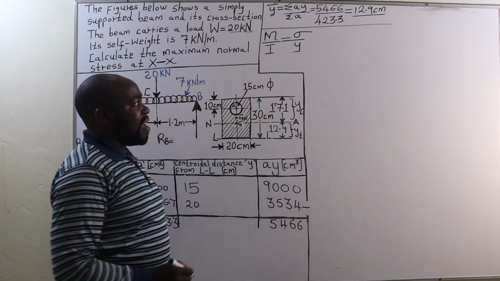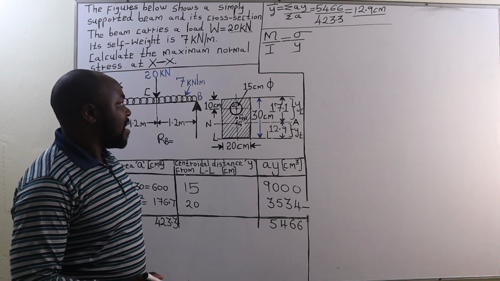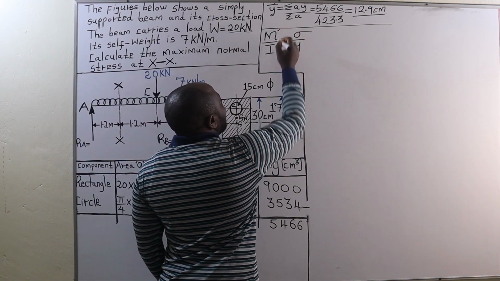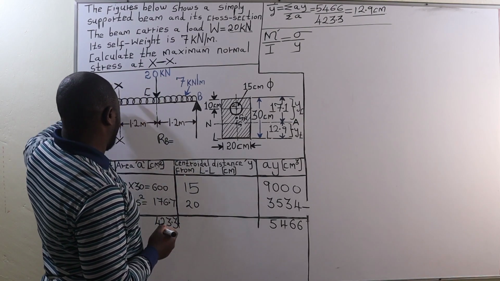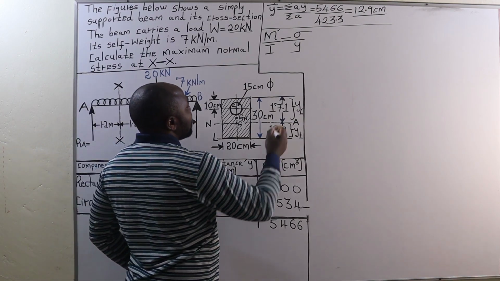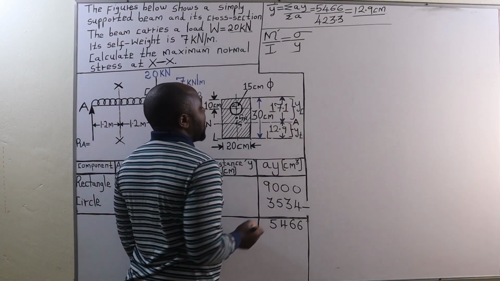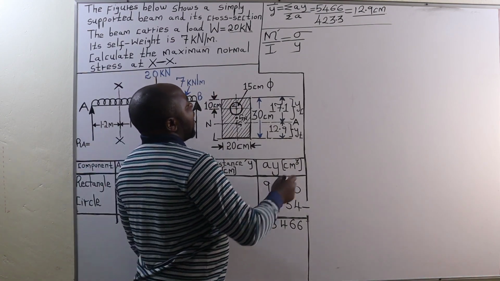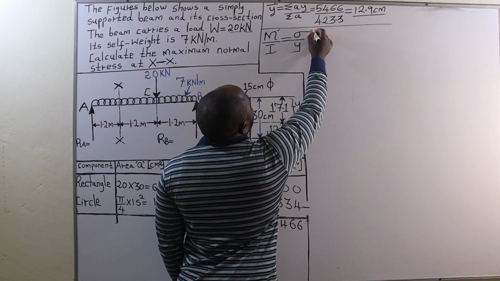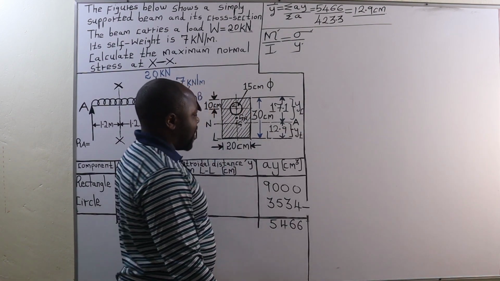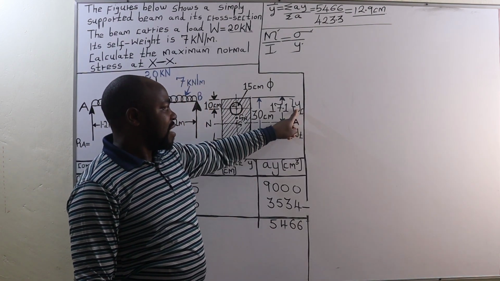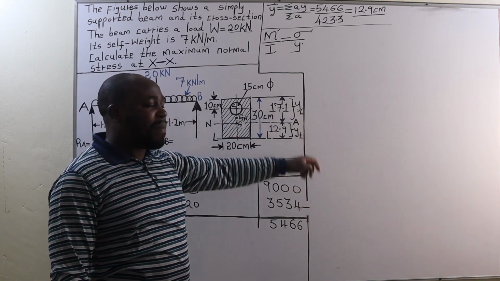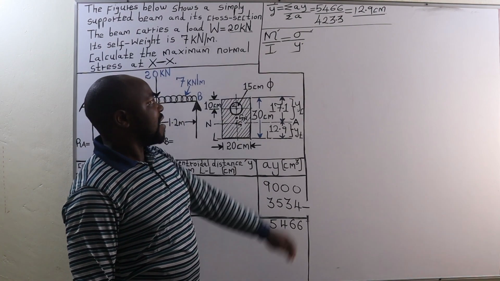So that is the bending equation. Therefore, we are going to calculate the bending moment at section XX. We are also going to calculate the moment of inertia of this rectangular beam section, so that we calculate the stress. Y we already have. We have YT as well as YC. We are going to determine which one we are going to use or to apply in this relation.